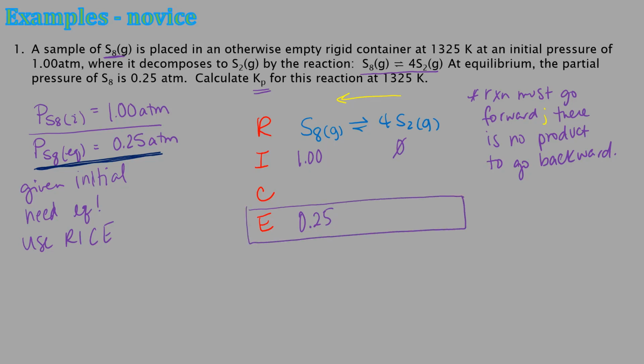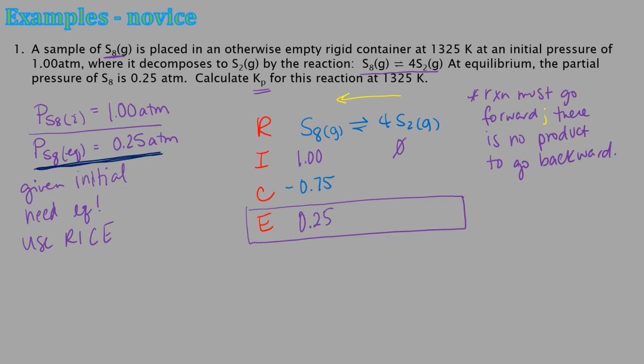So my change, what happened as it went from 1 to 0.25? Well, it lost, negative 0.75 was the change in order to get to 0.25. So that means on the other side over here, it has to gain not 0.75, but 4 times that amount.